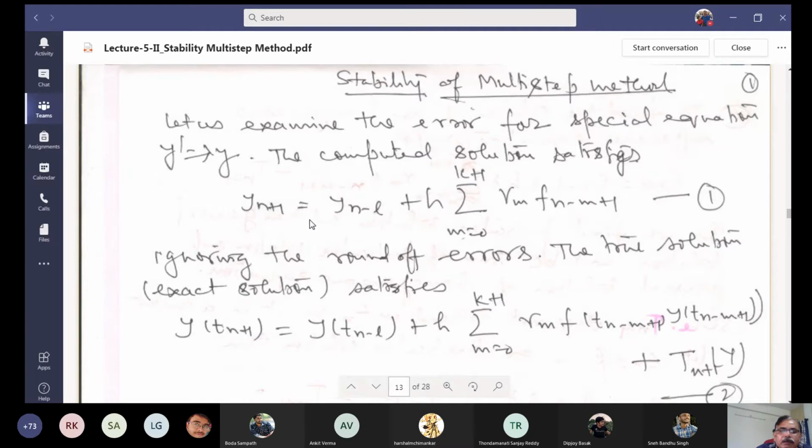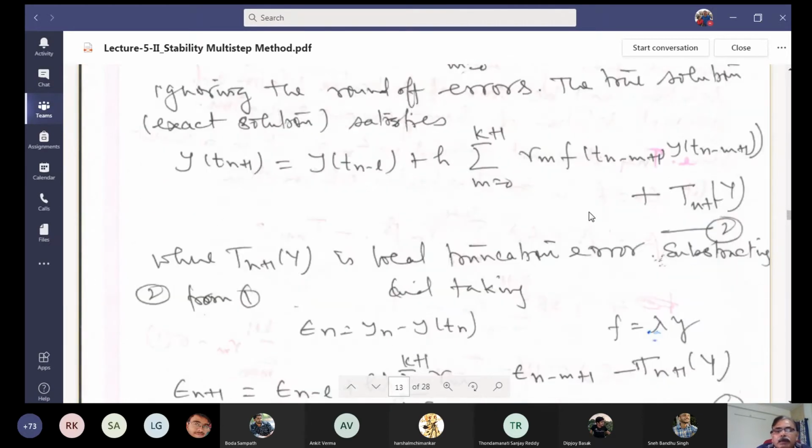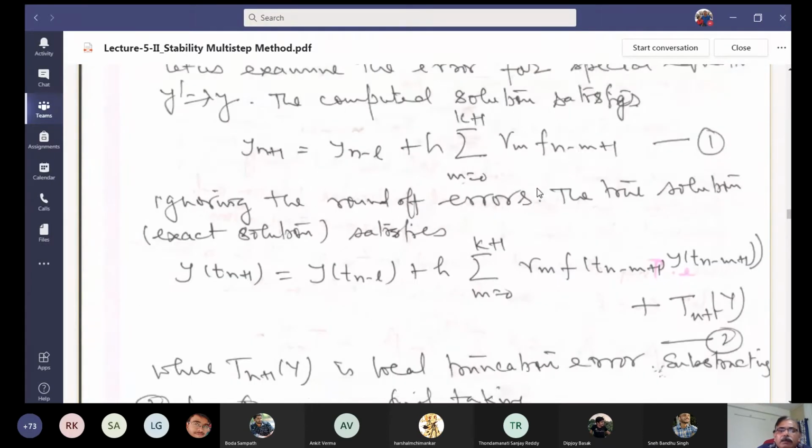y_{n+1} I am writing equal to y_{n-l}, where n-l is greater than 0, plus h times the sum over m equal to 0 to k plus 1 of gamma_m f of t_{n-m+1}, y_{n-m+1}. Here gamma_0 equal to 0 will give you that implicit part. This is the method. If we see the exact one, that will be with your local truncation error.